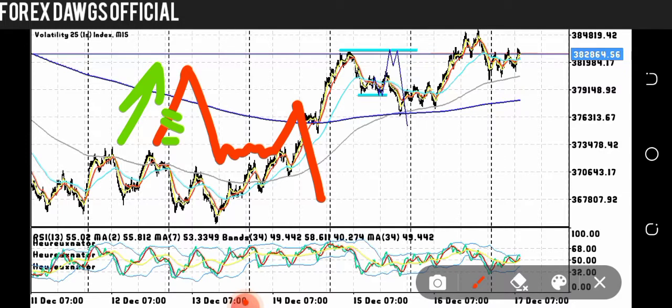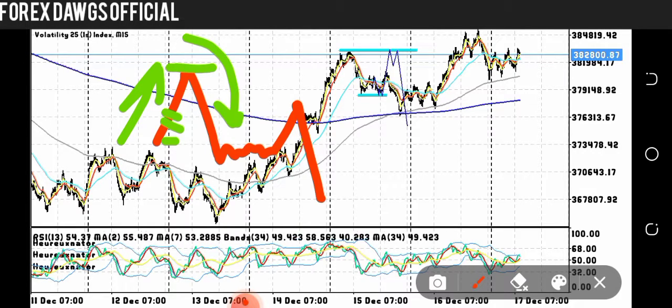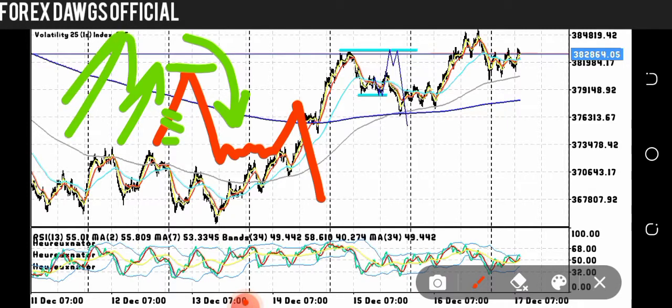And the market maker knows that, because we retailers think the same. So after getting enough volume, at this point the market maker decided to reverse the market and started to hit those stop losses of the buyers that bought on this move.